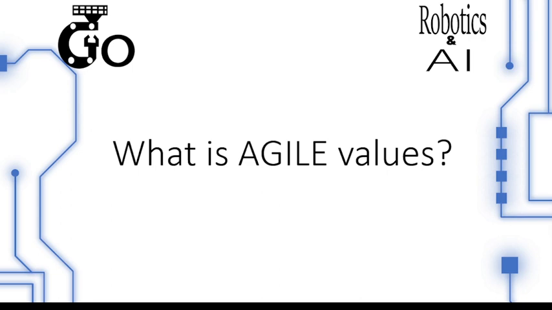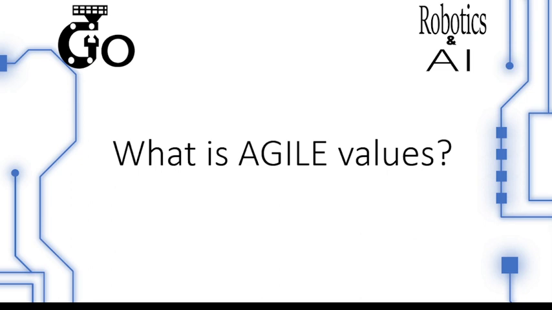These values are not just a closed law, they are an open-ended suggestion that a company or a team should follow in order to be more agile or more flexible, that helps the team or the company adapt to new changes or different problems, and it will help the company solve really big complex problems.